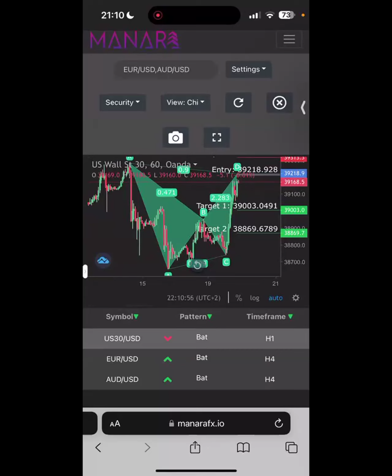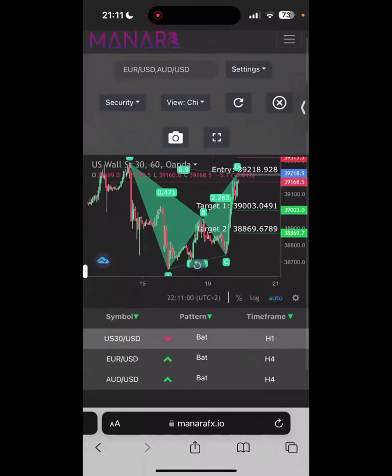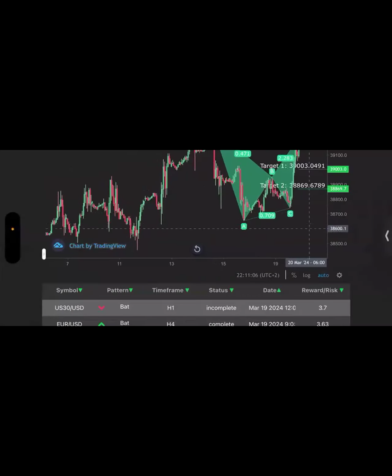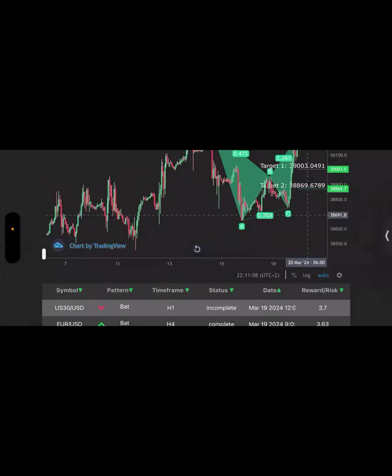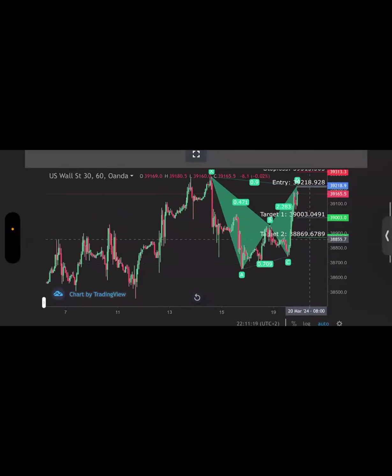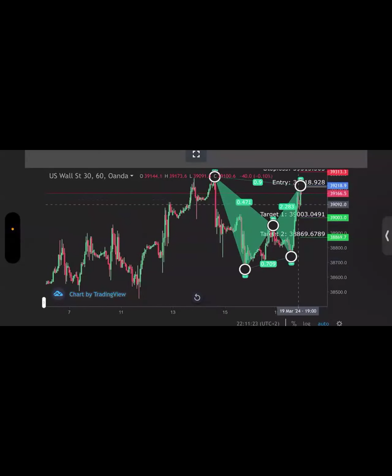Then turn it so it's, yeah, okay, amazing. Good. So can you see target 1, target 2? That's your TP. So drag it to the side a little so you can see the entry points and others. Okay, so drag it down a bit so you can see the stop loss.